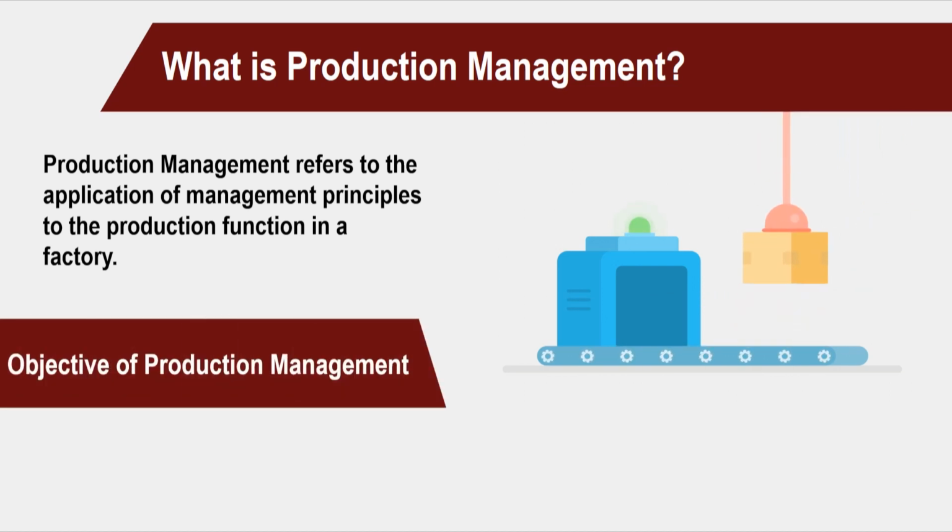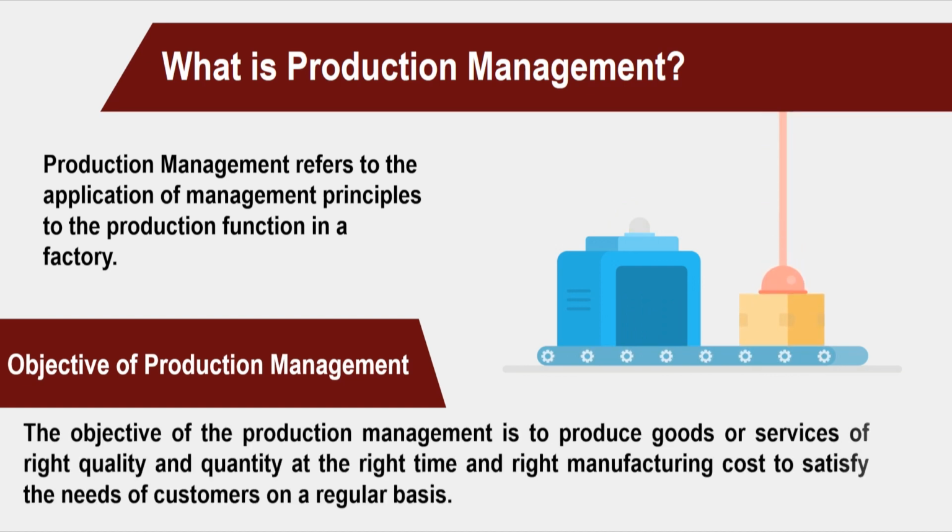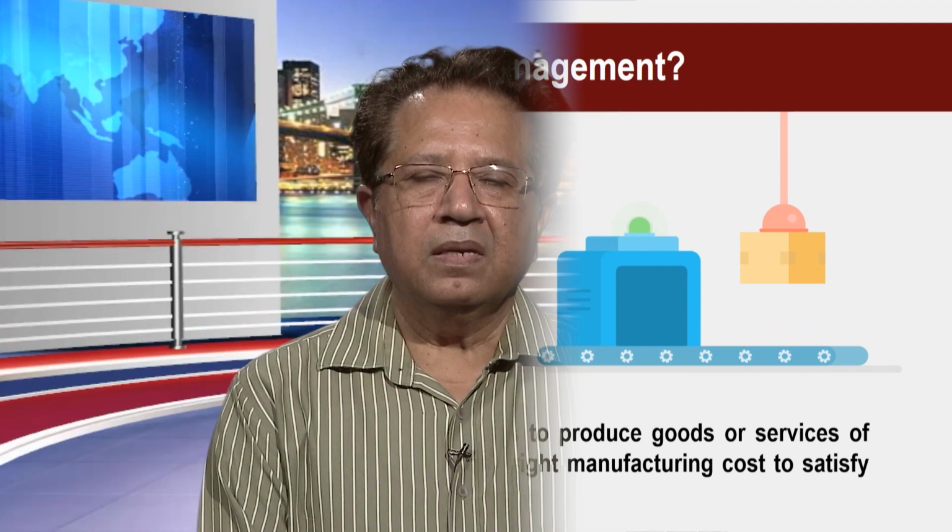The objective of production management is to produce goods or services of the right quality and quantity at the right time and right manufacturing cost to satisfy the needs of customers on a regular basis. A production manager must ensure that the right production plan is followed during the production process.